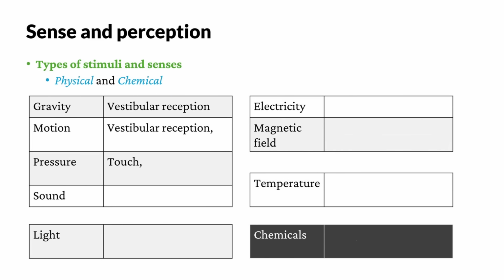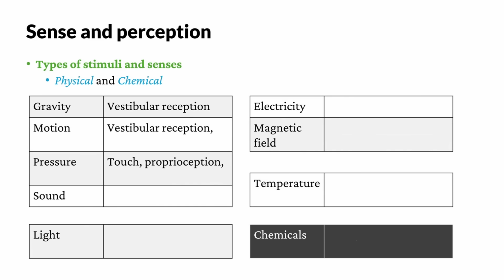External pressure, such as touch, can be sensed by our skin, and internal pressure, such as the pressure between our joints, can be sensed by the touch receptors inside our bodies. This is a sense called proprioception, which gives us information on the location and position of our own bodies.